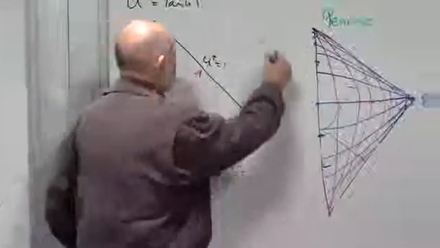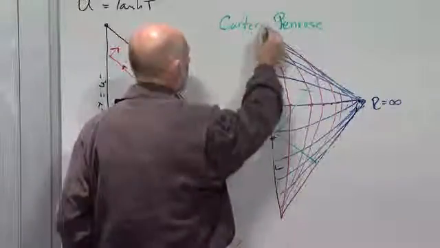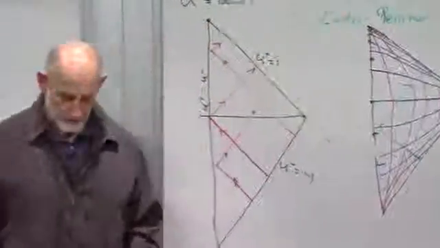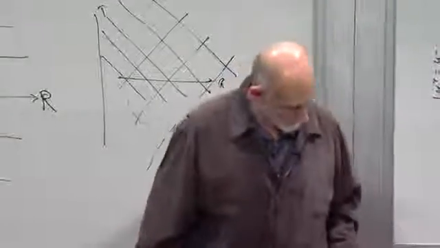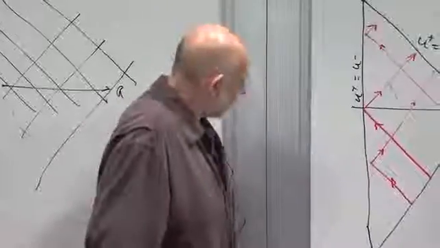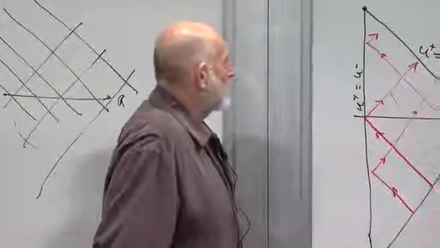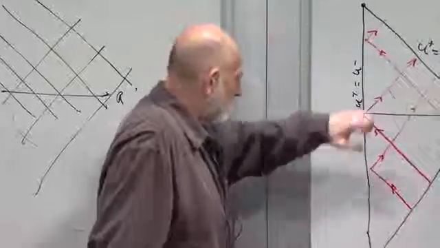Sometimes it's called a Carter-Penrose diagram because a physicist named Brandon Carter, I think, actually invented it first, but it's usually called a Penrose diagram. Good. So that's flat space-time laid out on the blackboard.